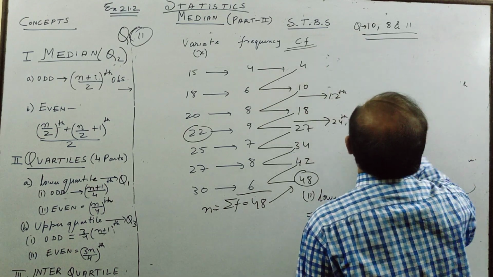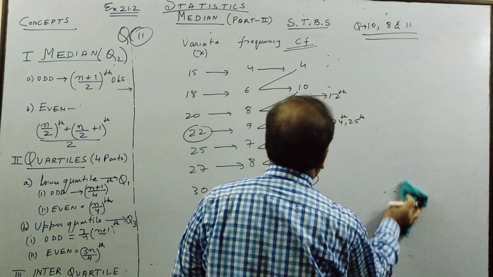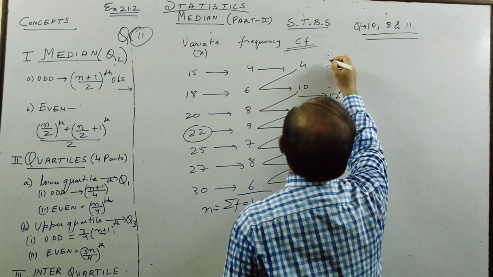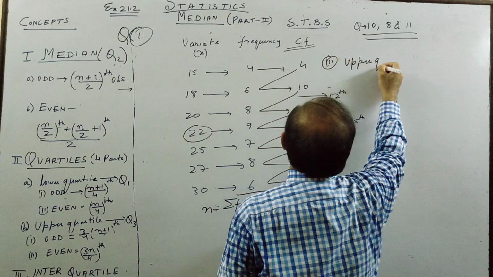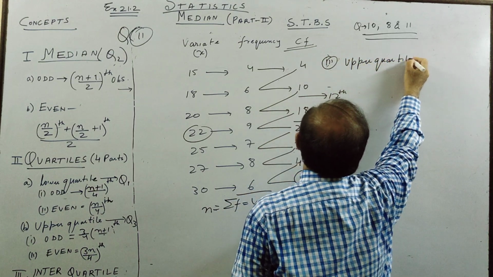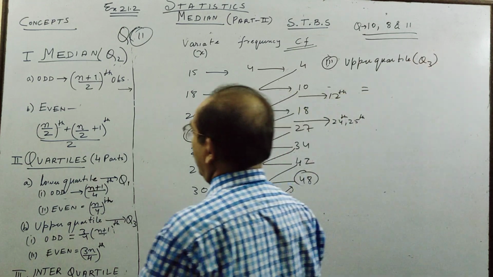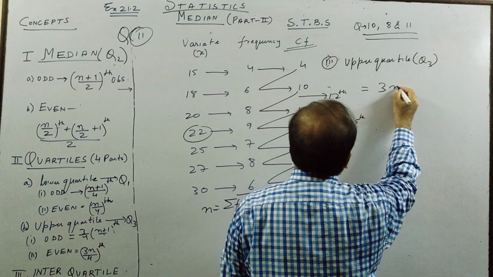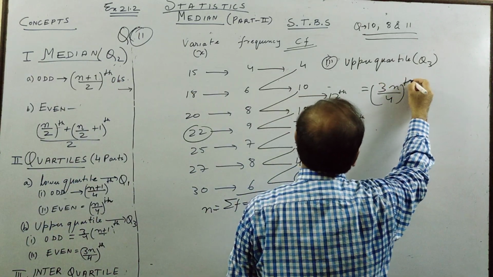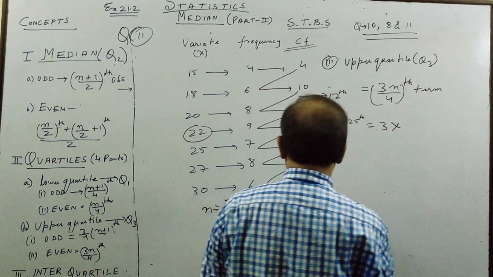Upper quartile, and then the interquartile range. So the third part is the upper quartile, that is Q3. For an even number, you see it is the 3n by 4th term. This is a term. So n is 48, as you all know.